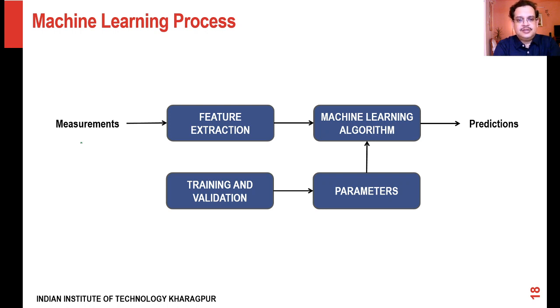So this summarizes the machine learning process. We start with a system having many different variables. The process of feature extraction reduces the number of variables to the set that we need.